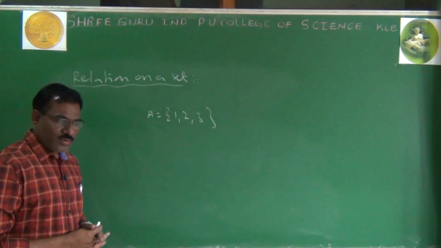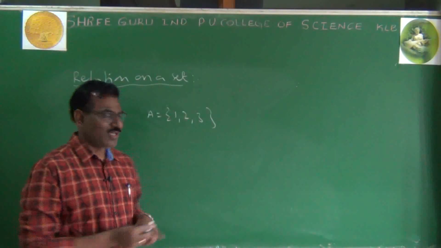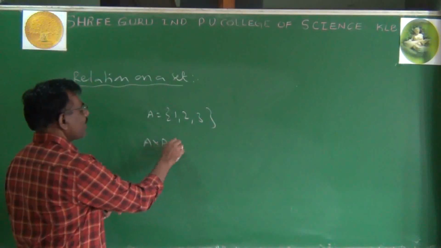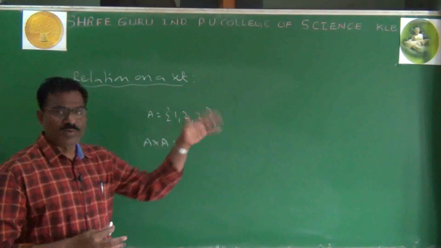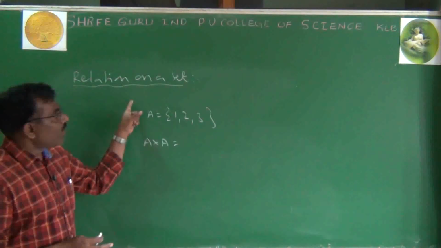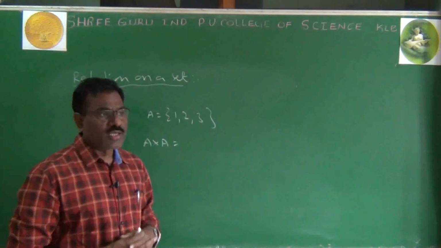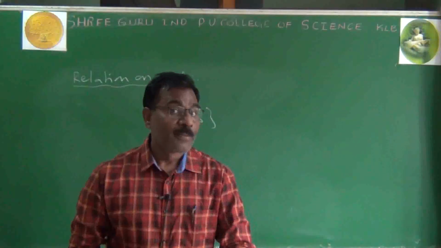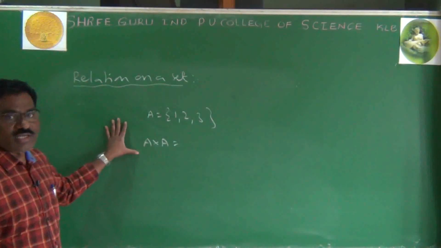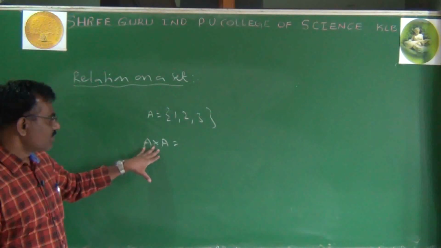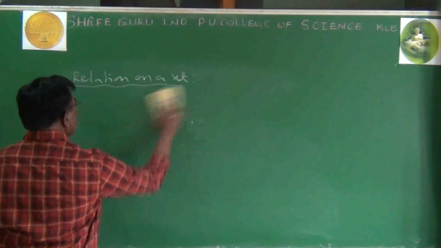Here it is not A cross B but A cross A only. You have to write ordered pairs such as (1, 1), (1, 2) and so on. So relation on a set A means that if only one set is given, both domain and range belong to set A. R is a subset of A cross A. This is a relation on set A.